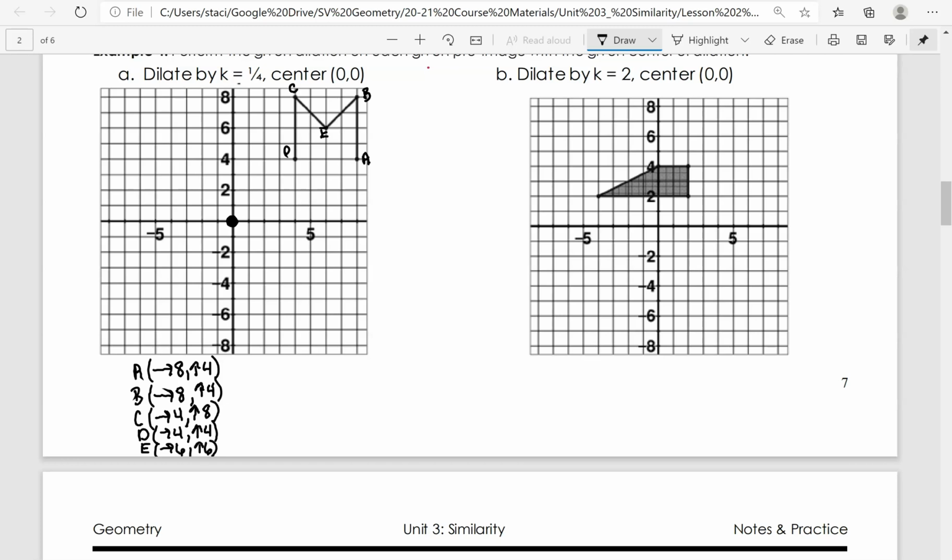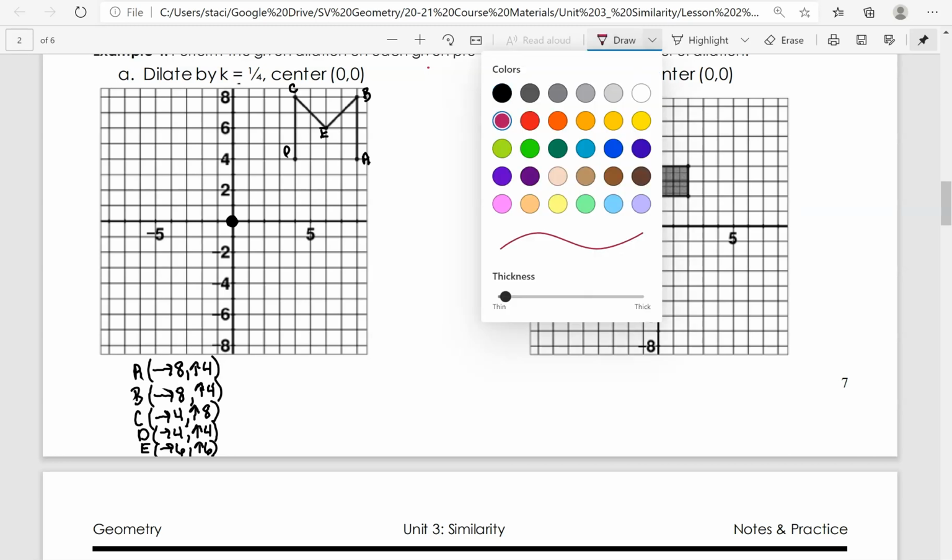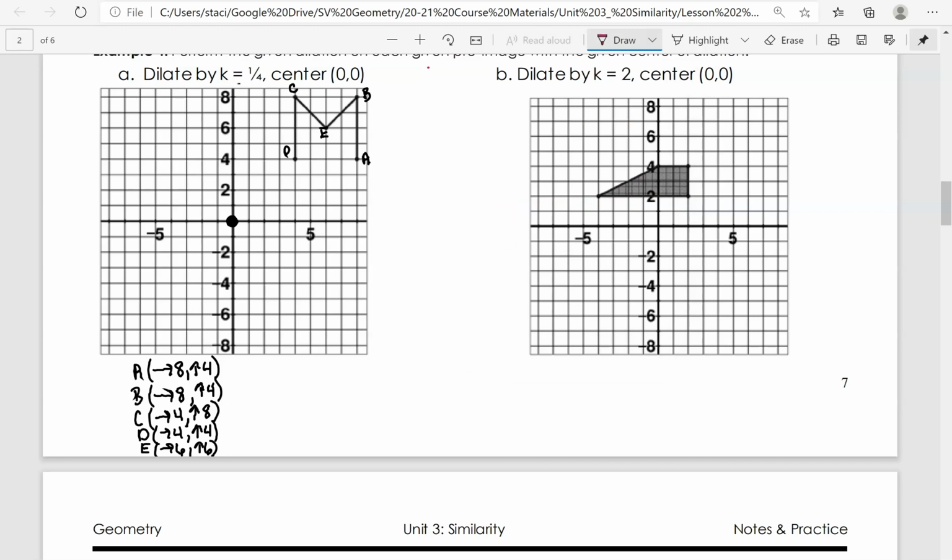Okay. So when I perform my dilation by a scale factor of 1/4, I'm going to take all of these distances and multiply them times 1/4, which really means I can divide by 4. So for A prime, if I divide these by 4, I'm going to go over 2, and then 4 divided by 4 is 1.